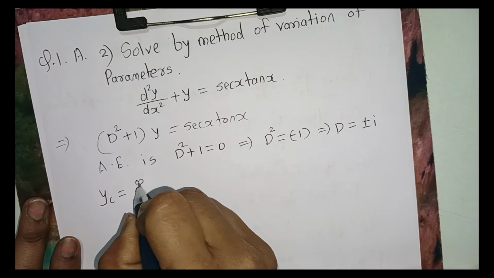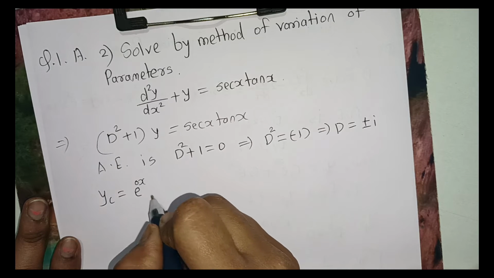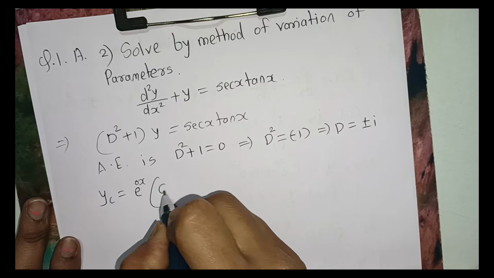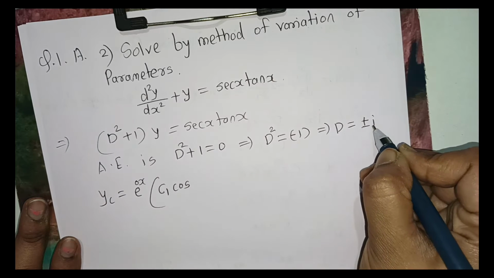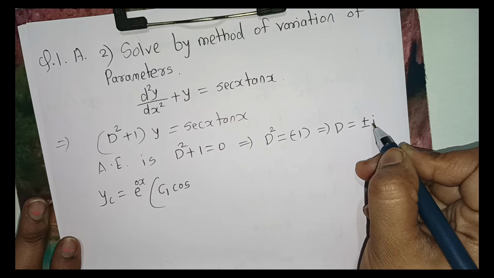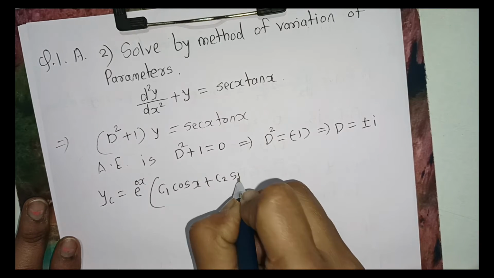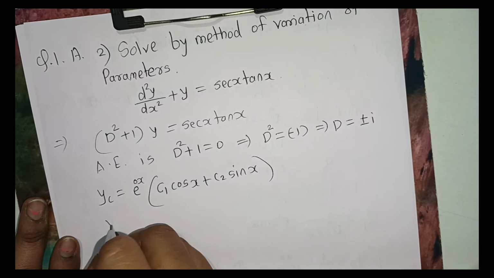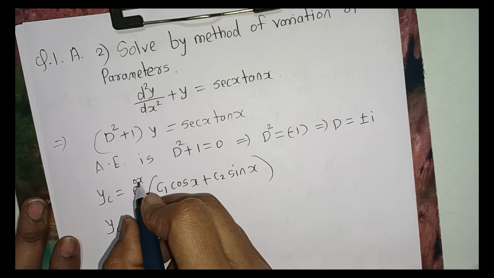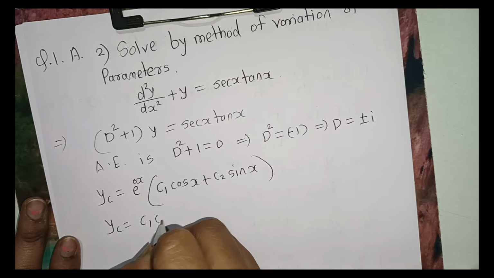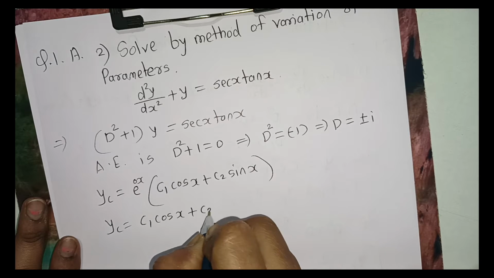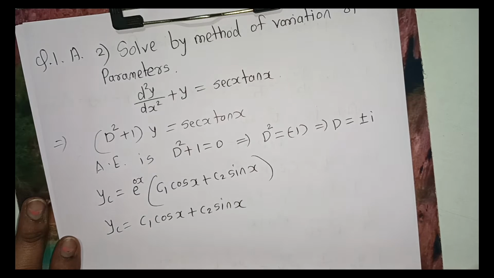In this case the real part is 0 and the coefficient of i is 1, so yc = e^(0x), which is 1, times c1 cos x + c2 sin x. This is your yc.